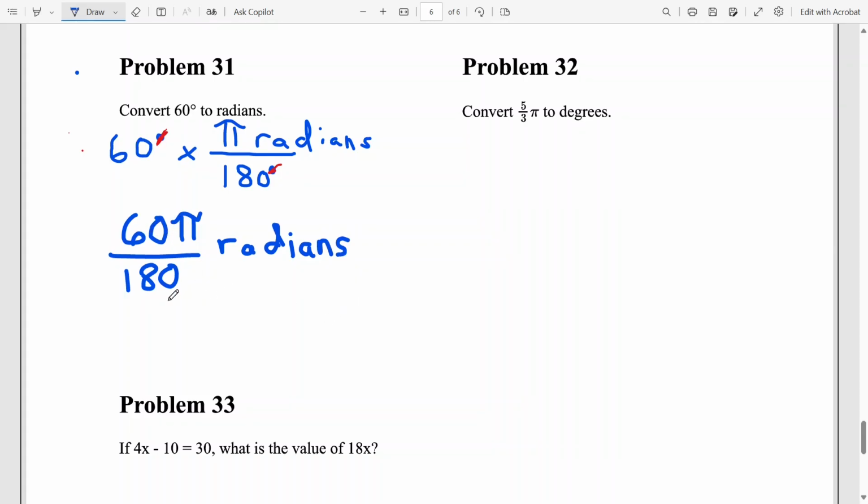So we can reduce this. 60 goes into 180 3 times, so I can cross this out, write a 1, cross this out, write a 3. 1 pi is just pi, so our solution becomes pi over 3 radians.